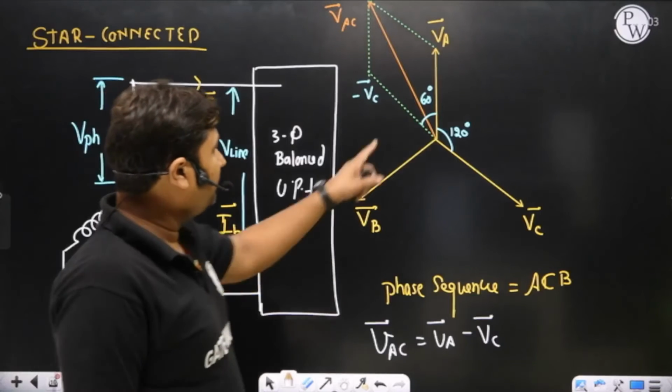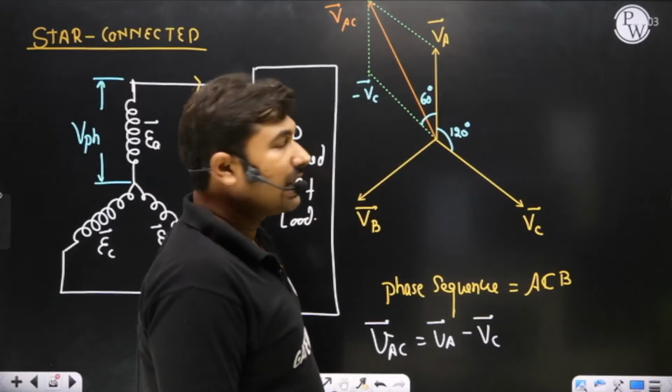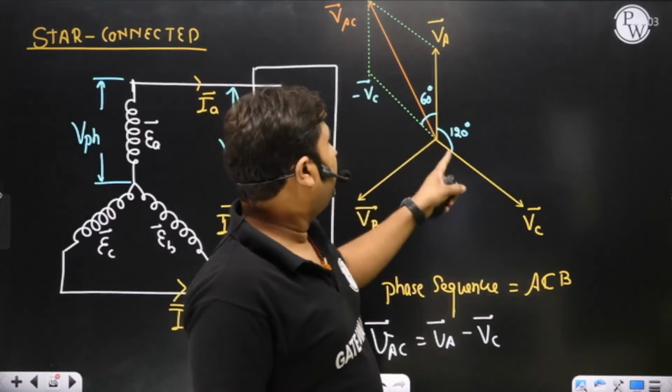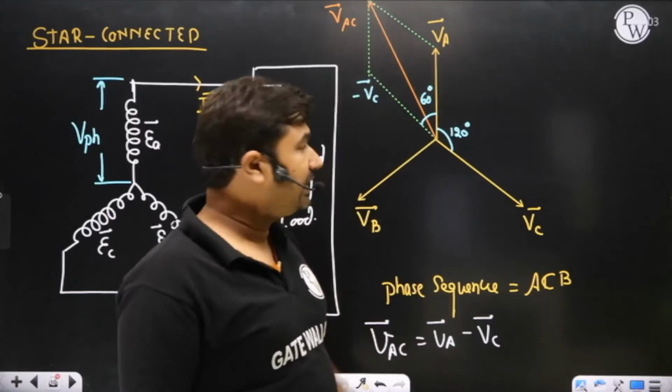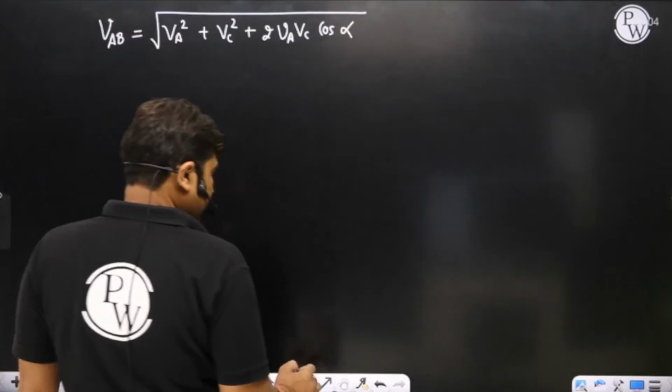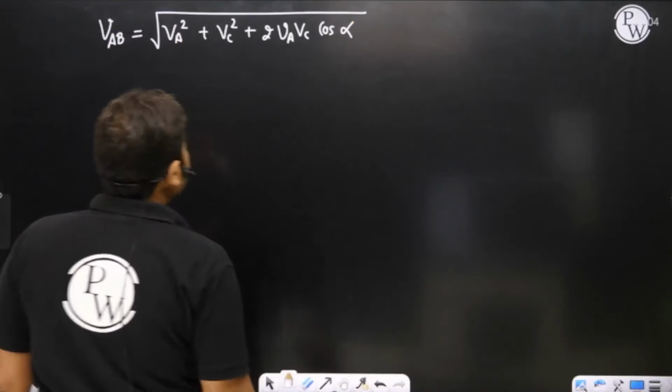So what is the angle between the two phasors? Sir, the angle between the two phasors for which we are calculating the phasor sum is 60 degree. Okay. Yes, sir.